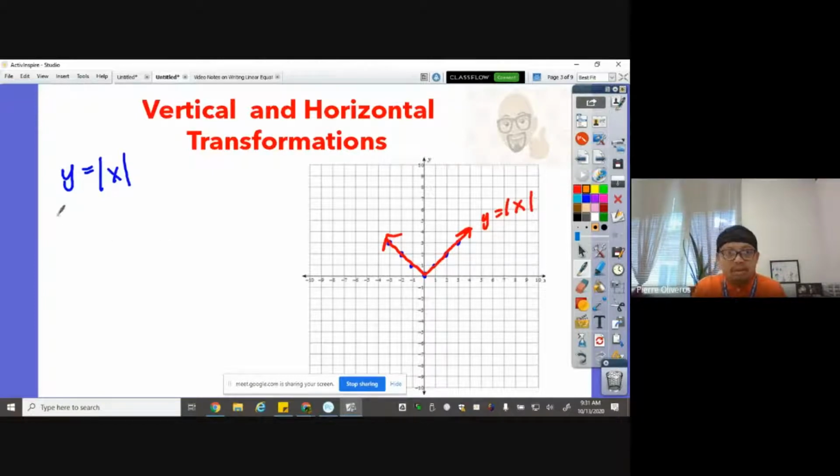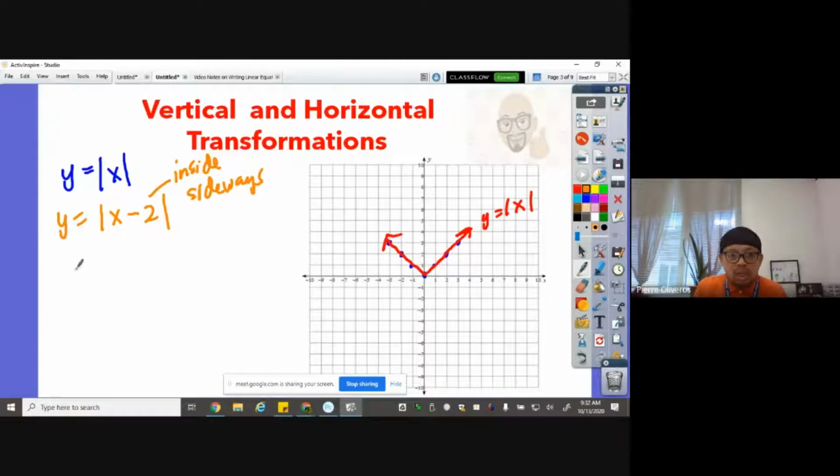Now, what if we have y equals the absolute value of x minus 2? Most of the kids know that -2 is on the left or on the bottom part of the y value. Okay, here's the thing. Whatever is inside, this -2 is inside, that means it goes sideways.